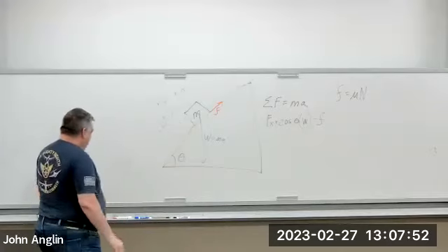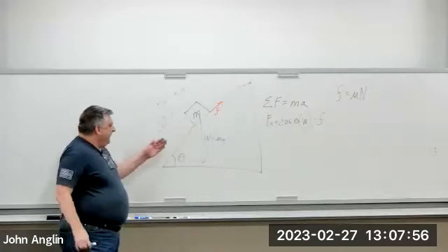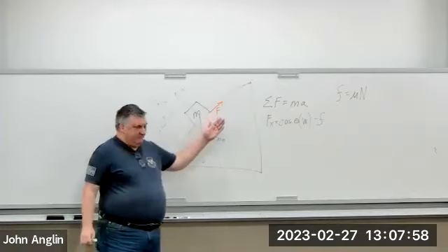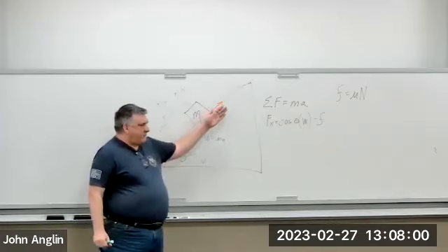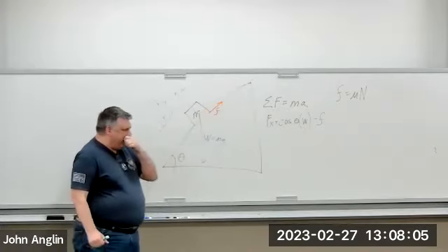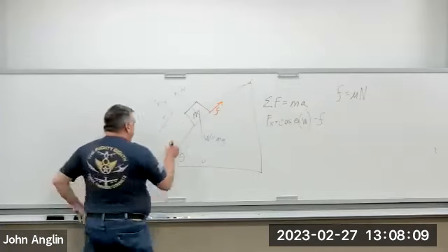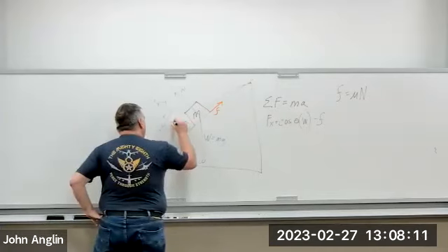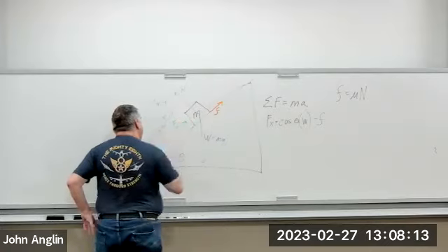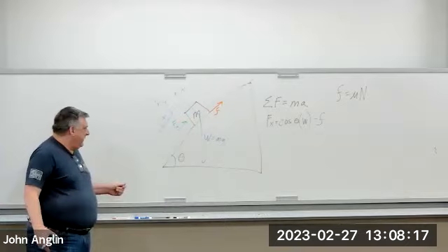we have a situation like this where there's some force due to friction that's trying to hold the box back. The box is trying to slide down the hill, but we are going to come in and apply a force, this F sub A, applied force.